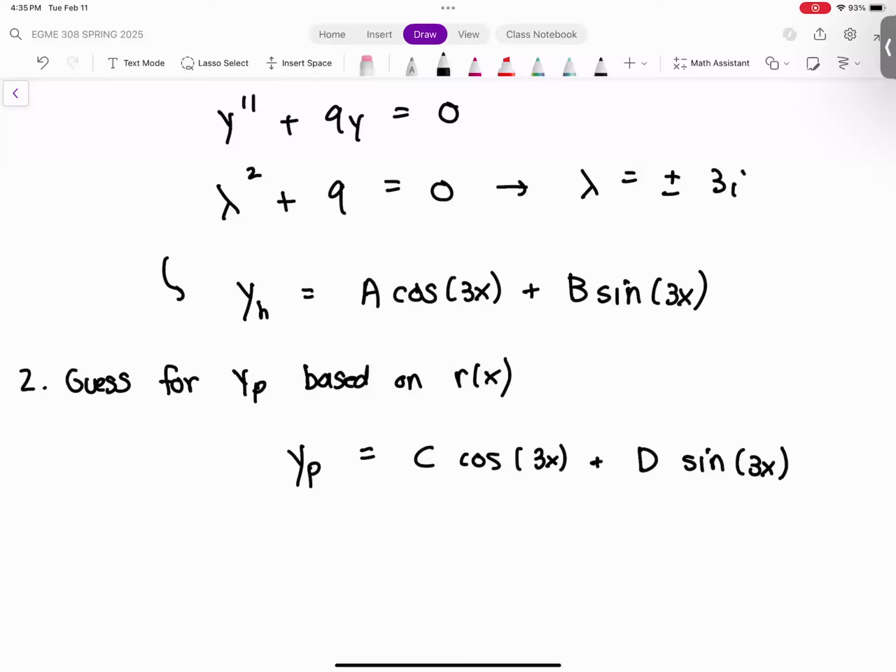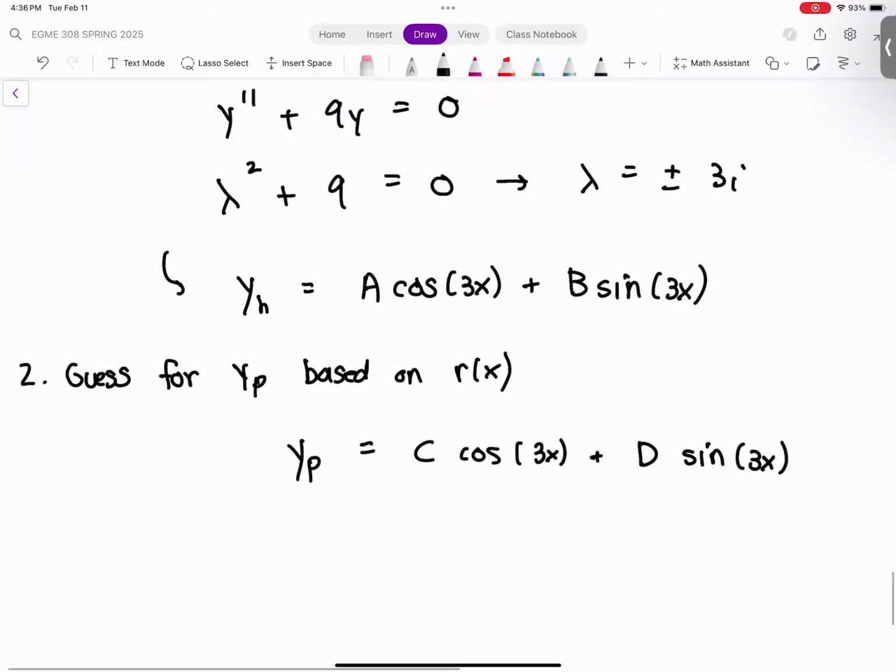But we have an issue here, right? If we look at the form for our particular solution, we see that it's exactly the same form as our homogeneous solution. So we can't have that. Our particular solution must be linearly independent from our homogeneous solution.